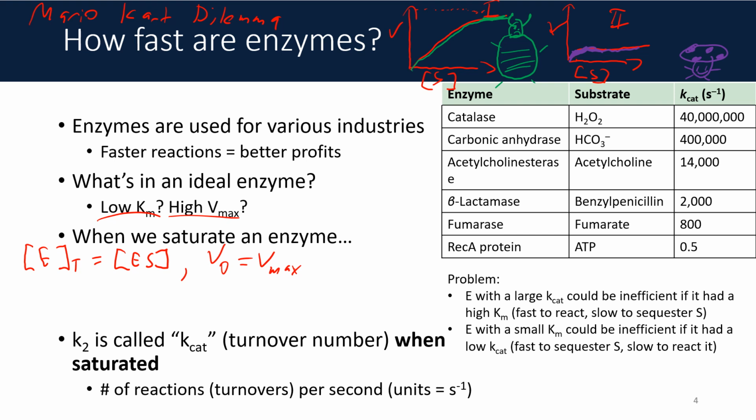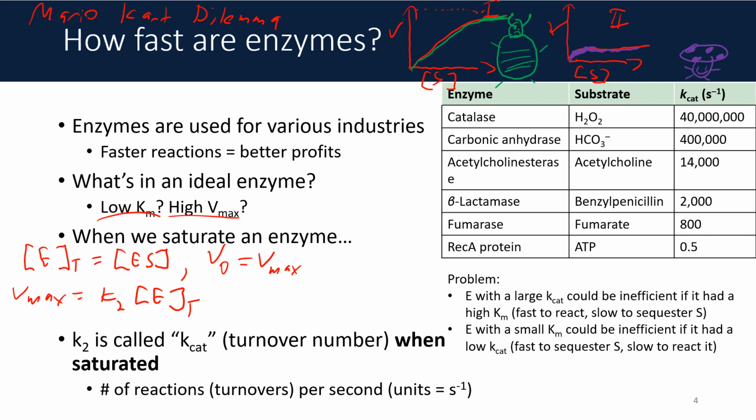Well, remember that we can express the maximum rate with the following expression. Vmax equals k2 times the concentration of E total. k2 is special. That is the rate constant for product formation only at saturated conditions.